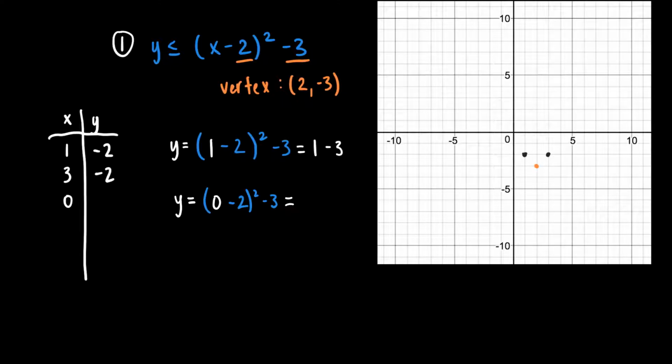If you square -2, you get 4. And then you get 4 minus 3. So that's going to be 1. I'm also going to say that since it's symmetrical, when we plug in 4 for x, we should get the exact same number. So let's plot those.